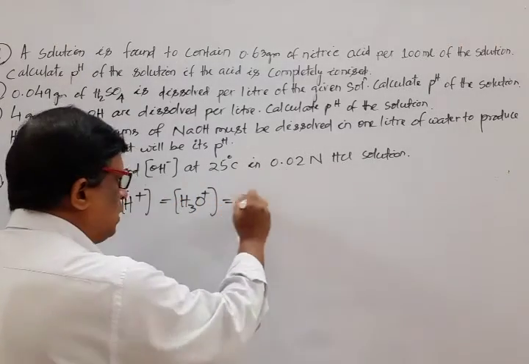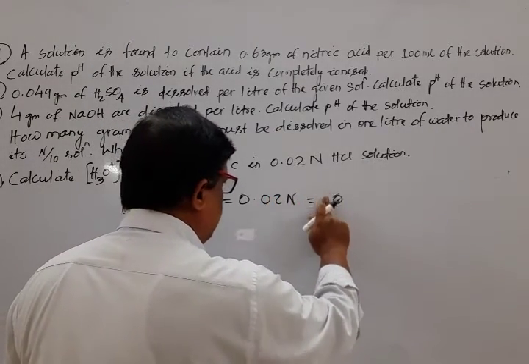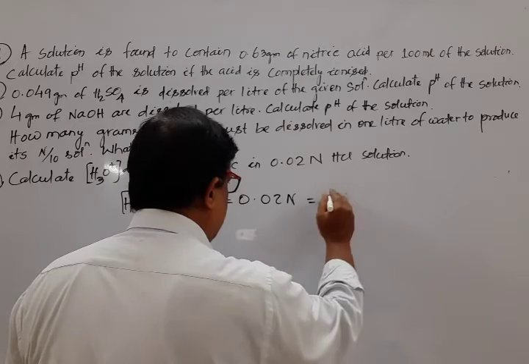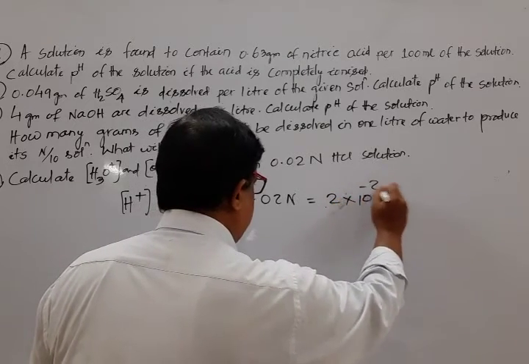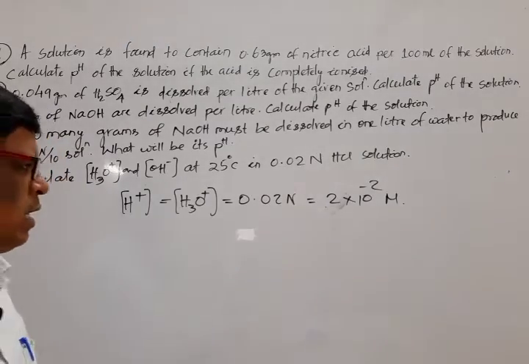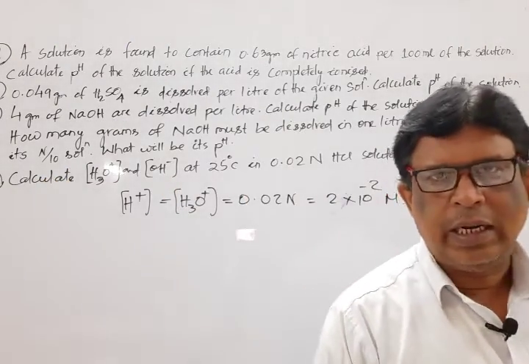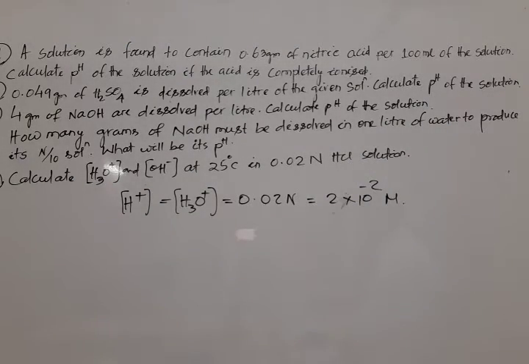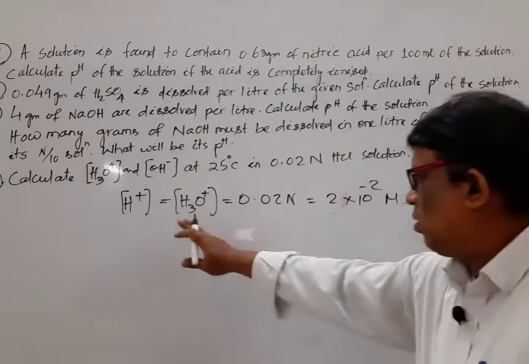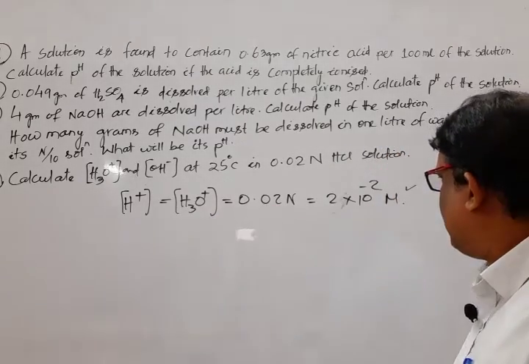Given 0.02 normal is equal to 2 into 10 to the power minus 2. As it is a monobasic acid, in this case normality is equal to molarity. So the H plus ion concentration is equal to the H3O plus ion concentration, which is equal to 2 into 10 to the power minus 2 M.